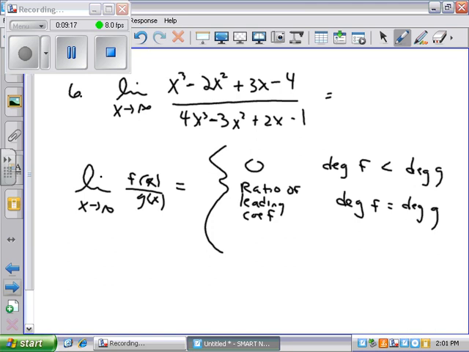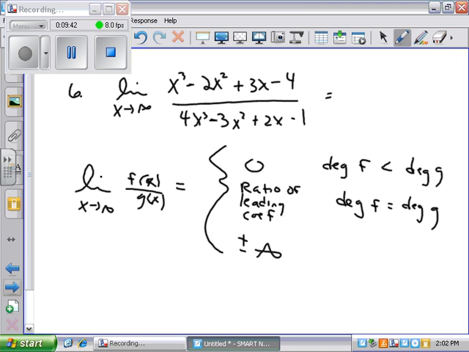When the degrees are the same, you get the ratio of the leading coefficients, the coefficient of the highest power term up top over the coefficient of the highest power term down there. And if the degree up here was greater, that means your graph is not going to have a horizontal asymptote, it's going to be going to positive or negative infinity. It's not going to exist. You're not going to have a limit.